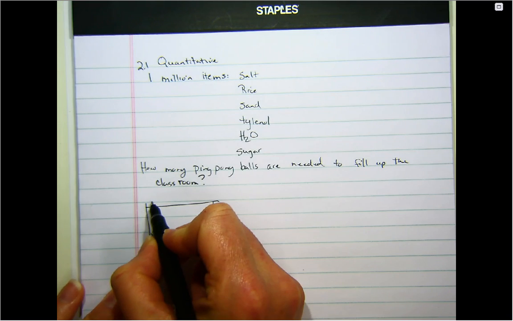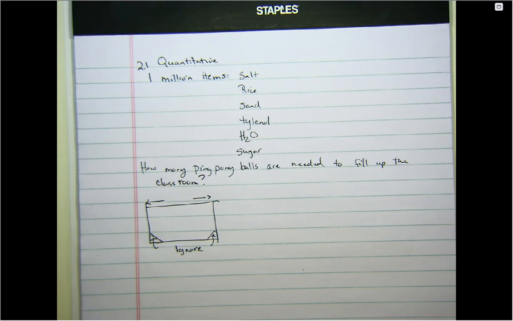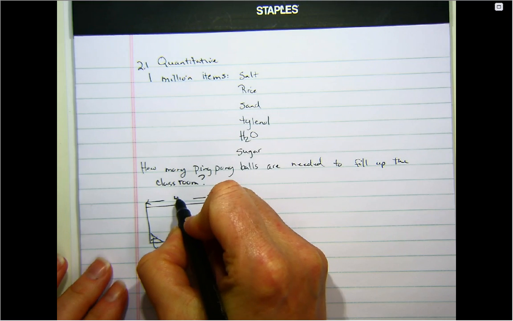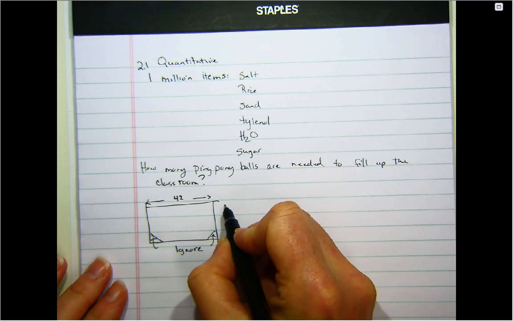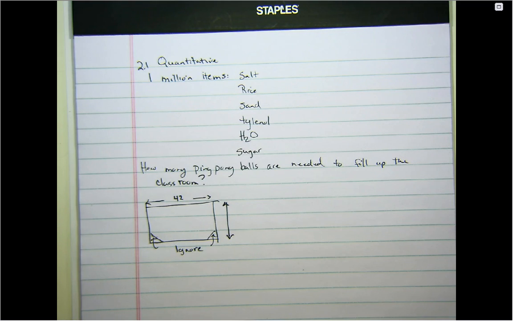Okay, how wide was this room? 42. Anybody else get 42? 42 tiles. Are they square feet? Okay. And how about this way? 25? Anybody else get 25?